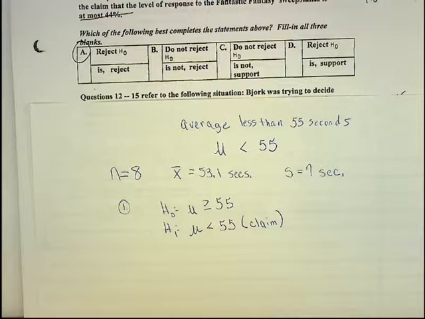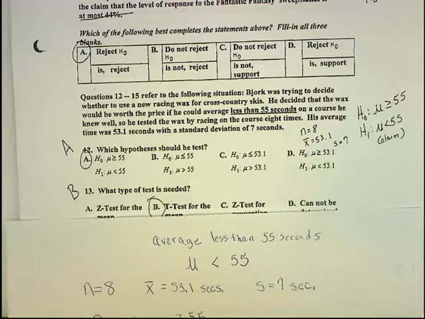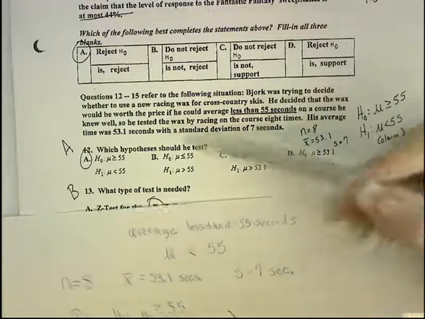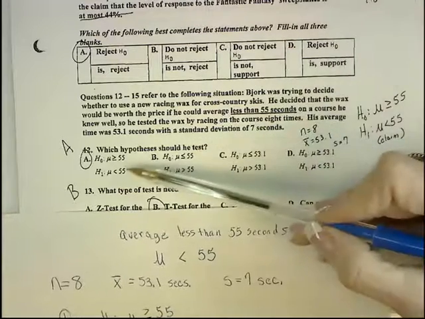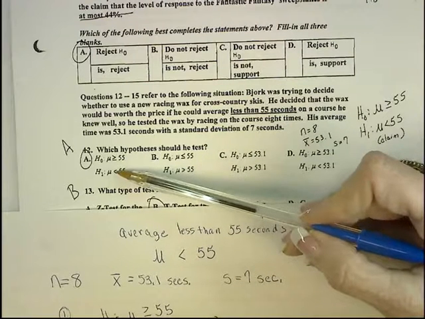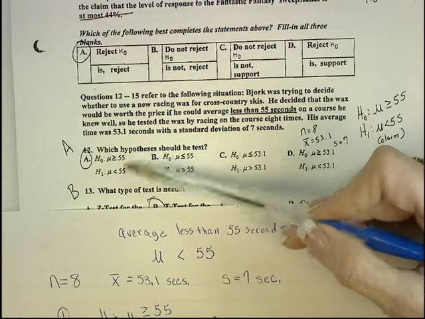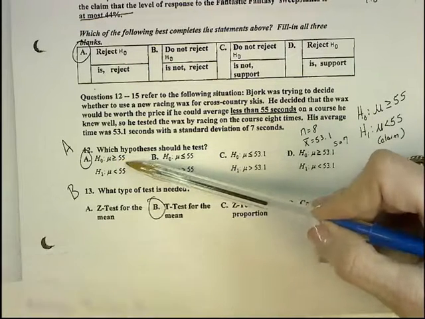Left-tailed. And question 12, what or which hypothesis should he test? It's A. So less than is in the alternative, and greater than or equal to is in the null statement. So it's A, a left-tailed t-test.